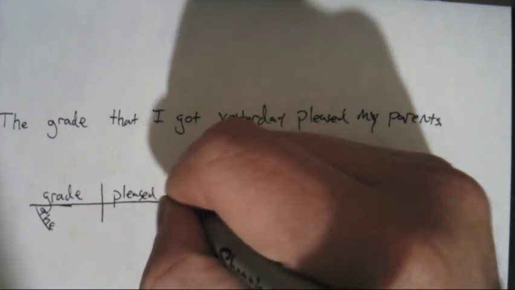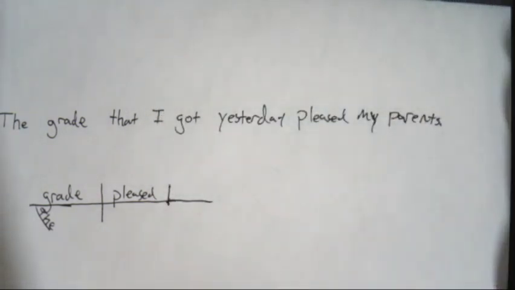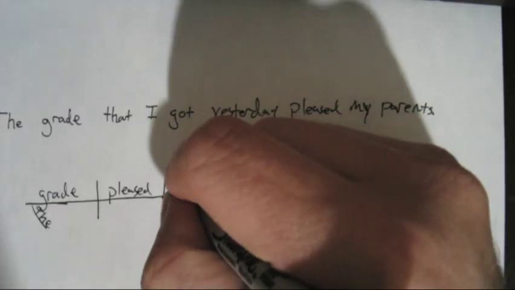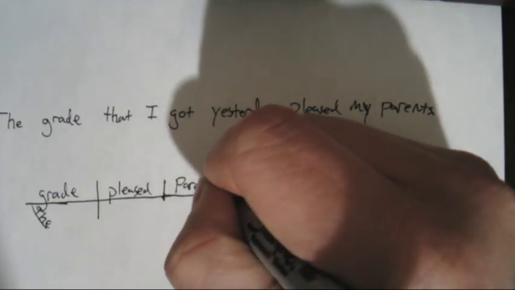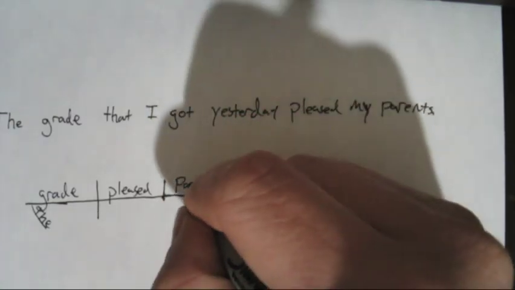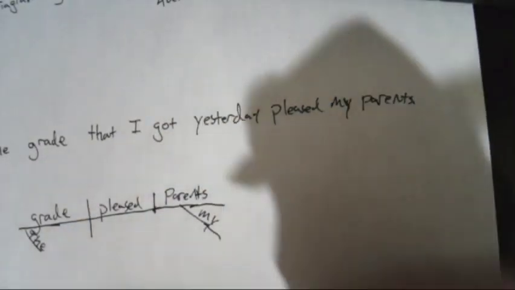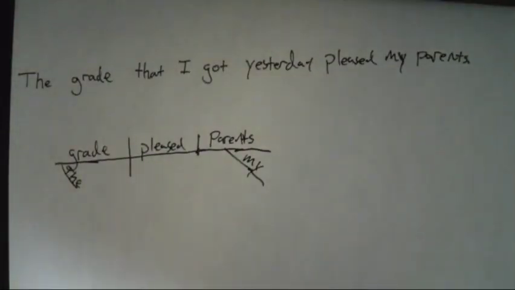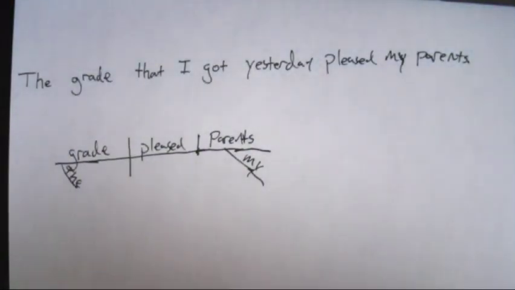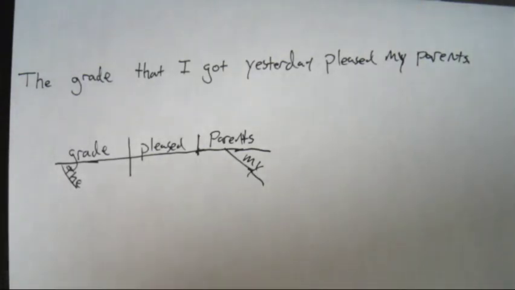And we know that there's a direct object because who was pleased? Parents. And they are mine. My parents. All right, the grade pleased my parents. Well, that is a complete thought, right? That's a complete sentence.